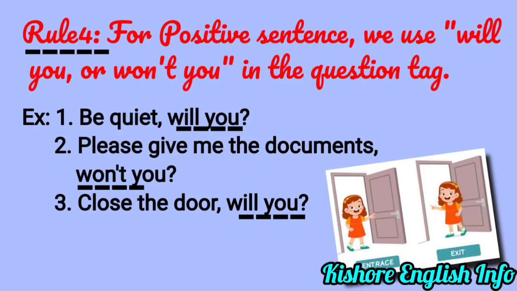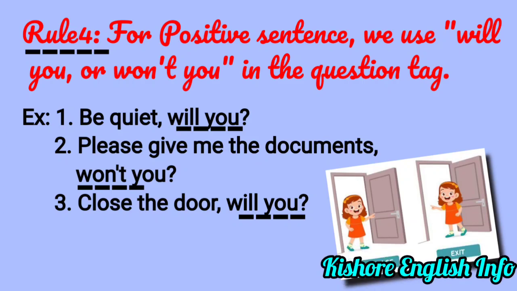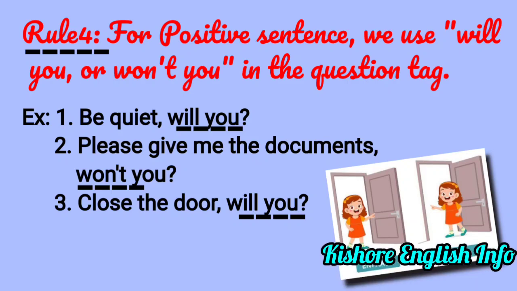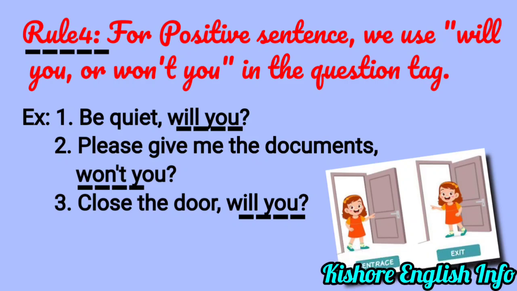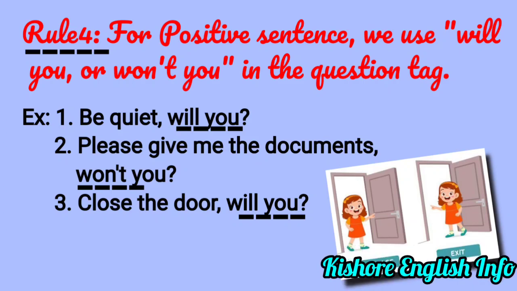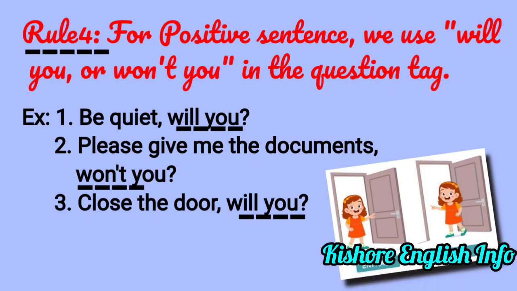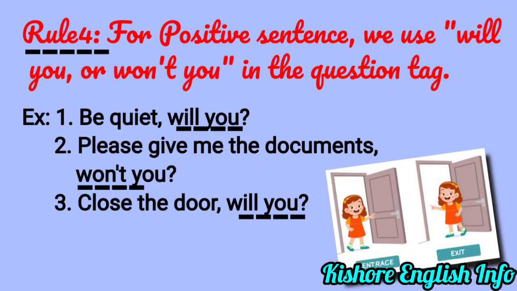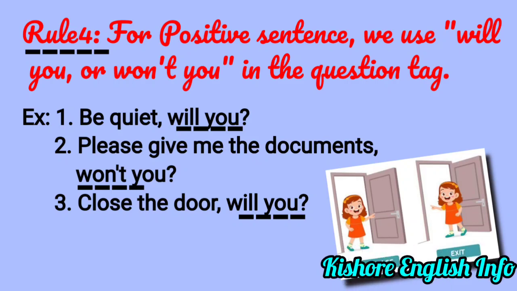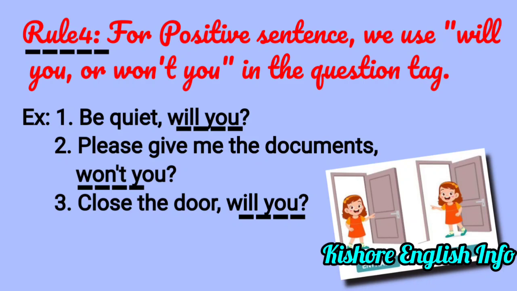Where we use will you and where we use won't you, let us see with examples and explanation. Be quiet. Be quiet is a kind of warning, so will you. Please give me the documents. Won't you? This is a compulsion. For compulsory action, you must. So won't you.